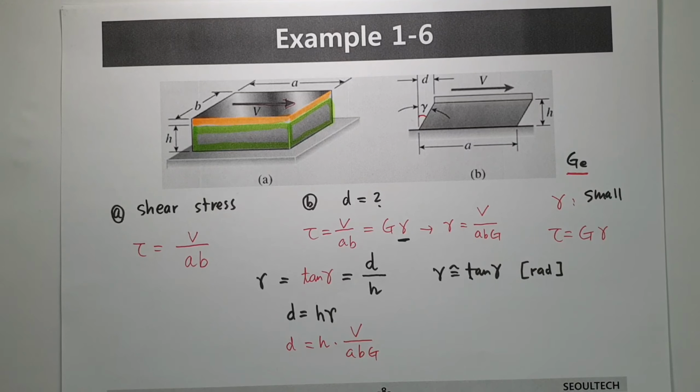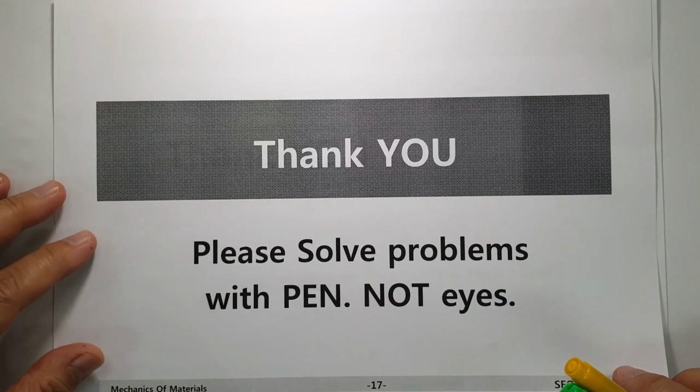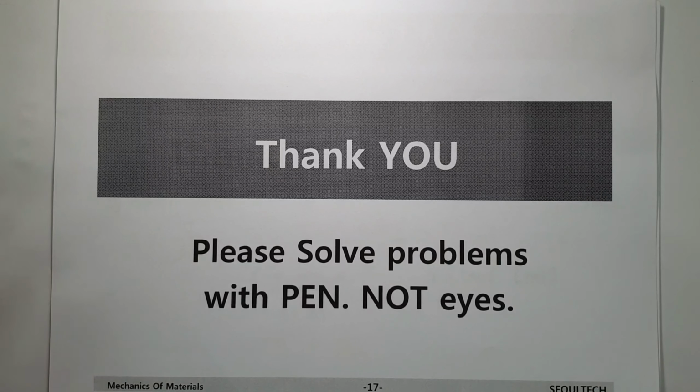Okay, that's it for this example. I always say, please solve a problem by your hand, not your eyes. Thank you very much for watching. See you next time. Bye.